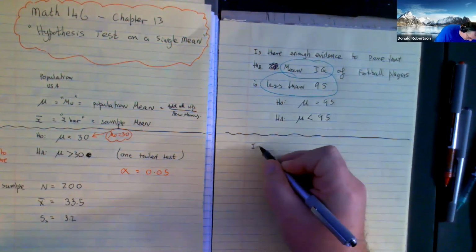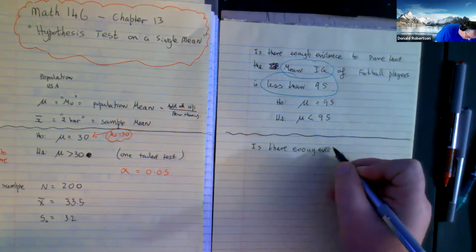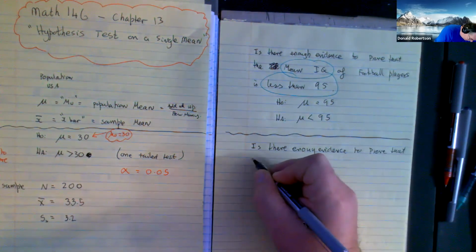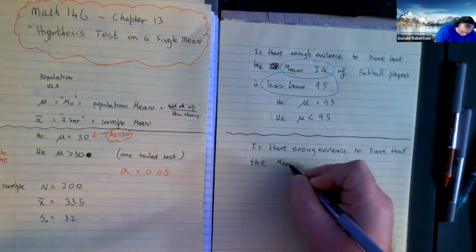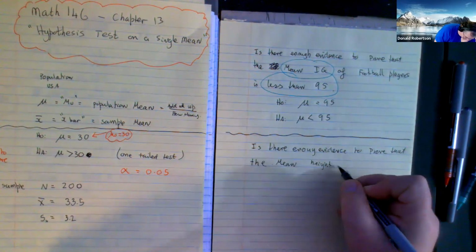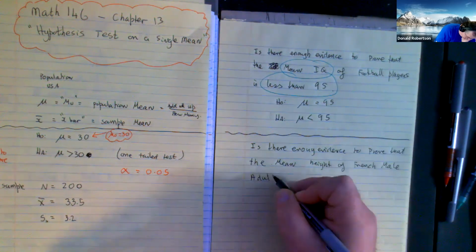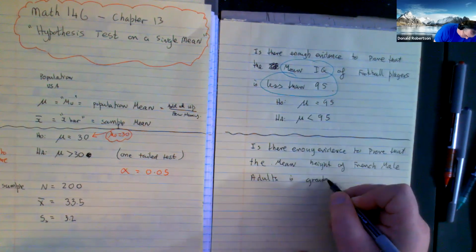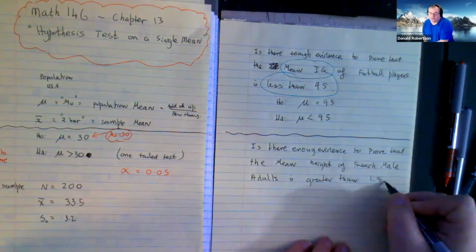My second one. Is there enough evidence to prove that, I don't know, the mean height of French male adults is greater than, since they're French, it will be in meters, 1.8 meters.